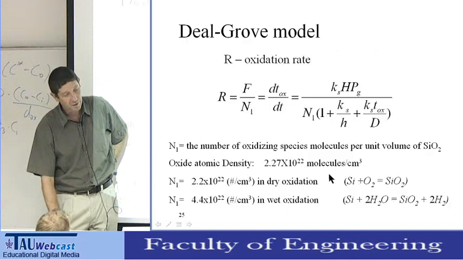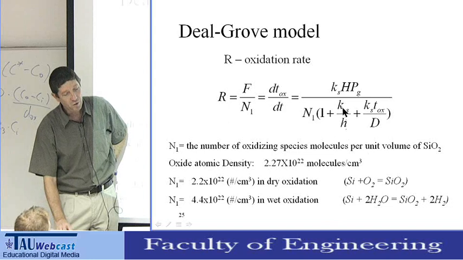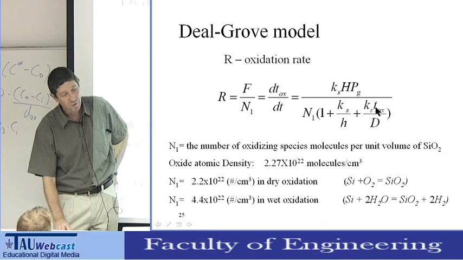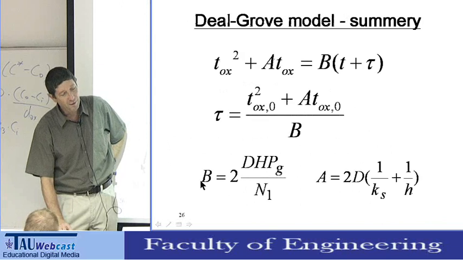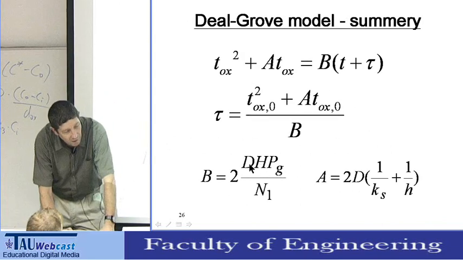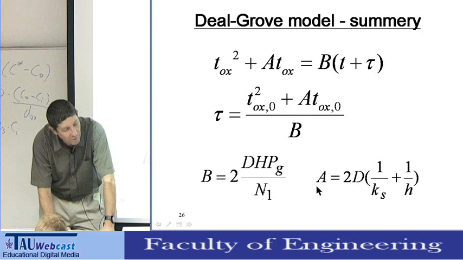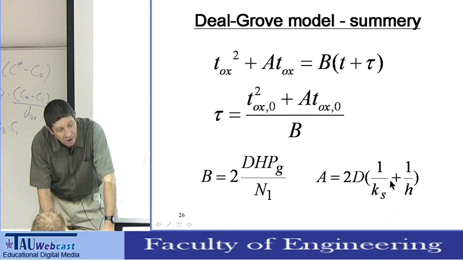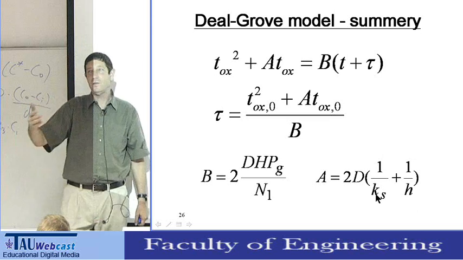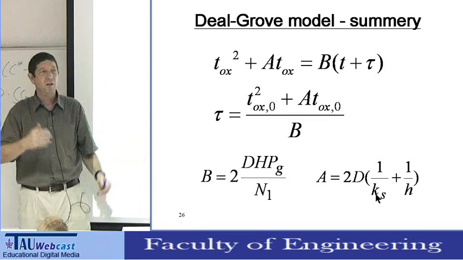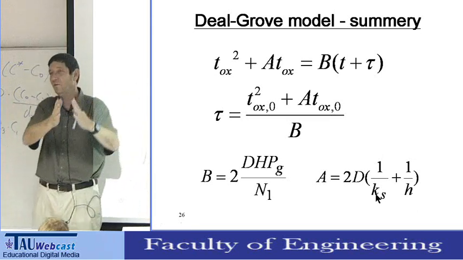Now if you look at the expression here, you see that you have a ratio between Ks and H and a ratio between Ks and D. What you find out is that B depends on D H Pg over N1, and A depends on D times (1 over Ks plus 1 over H). There is an explanation for this, because Ks is the reaction rate at the surface, and H is the transport coefficient in the volume.